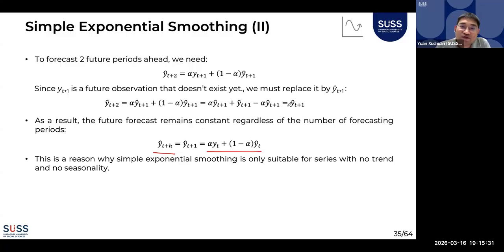Because for all the future values from t plus 1, you do not have the observation, so you substitute your forecast estimate, and then all the future periods from t plus 2 on will have exactly the same forecasted value as the forecasted value at period t plus 1, okay?